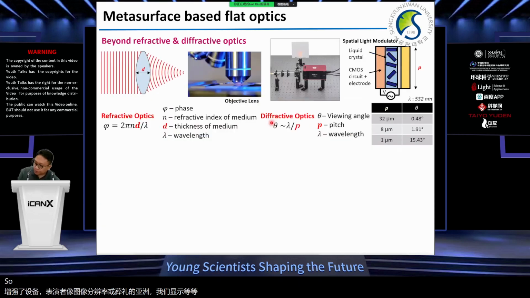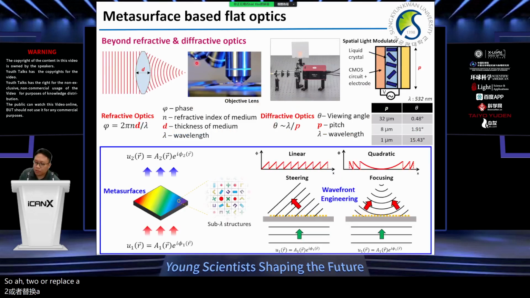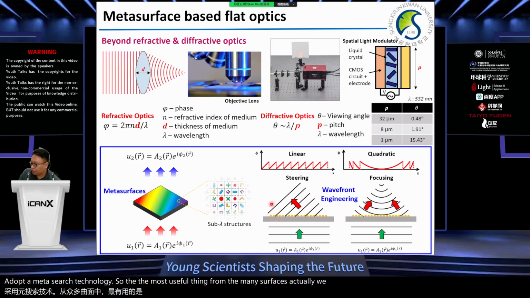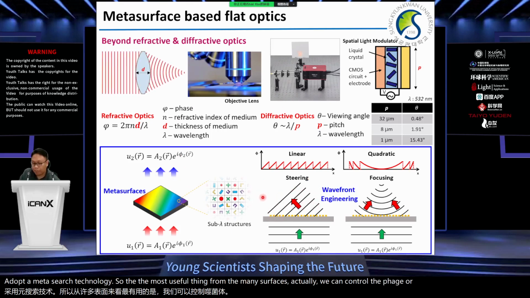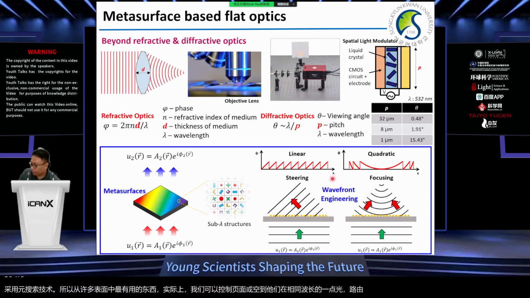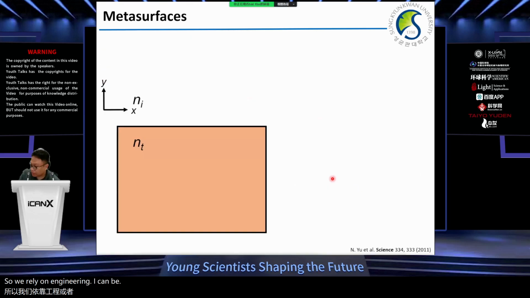So to replace those conventional optical systems, we are going to adopt metasurface technology. The most useful thing about the metasurface is that we can control the phase, amplitude, and polarization of light at the sub-wavelength region, so wavefront engineering can be realized.